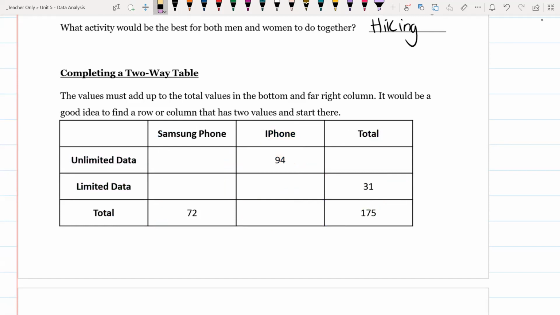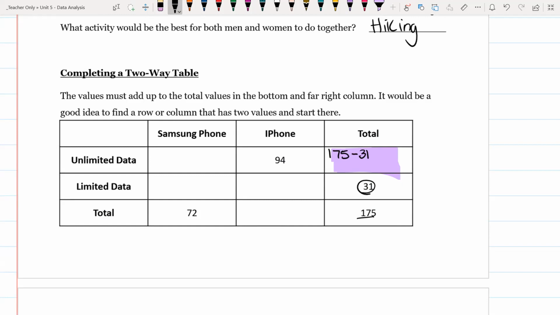So given this information, we can fill in these missing values. It doesn't really matter where you start. I like to start at the totals first. So we know that limited and unlimited data need to add up to 175. To find this missing box for unlimited, we would need to do 175, because that's our total amount, minus how many people have limited data, which is 31.